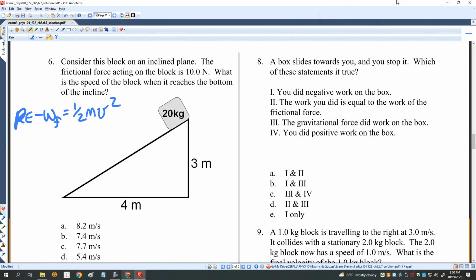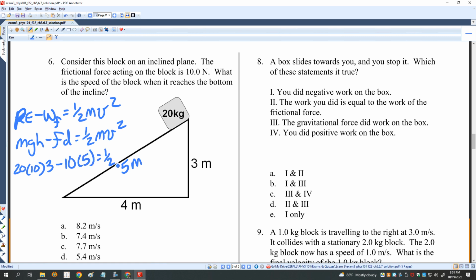So the potential energy at the top, that's mgh, minus the work that's being done by friction, that's F times d, equals the kinetic energy at the bottom, that's 1/2 mv squared. I've already said that this distance is 5 meters, so we have 20 times g, which is 10 times 3, minus the frictional force, which is 10 times 5, equals 1/2 of the mass, which is 20, times v squared.